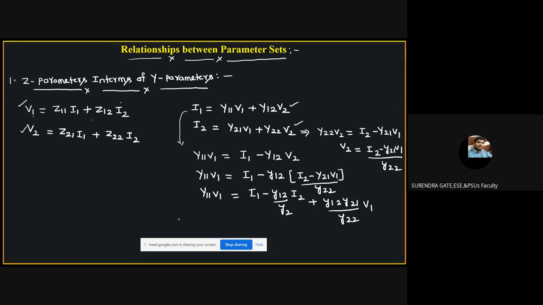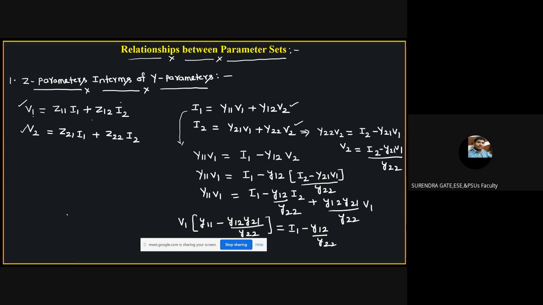Take V1 as common: V1 times (Y11 minus Y12 into Y21 by Y22) is equal to I1 minus Y12 by Y22 I2. Is it okay, students?